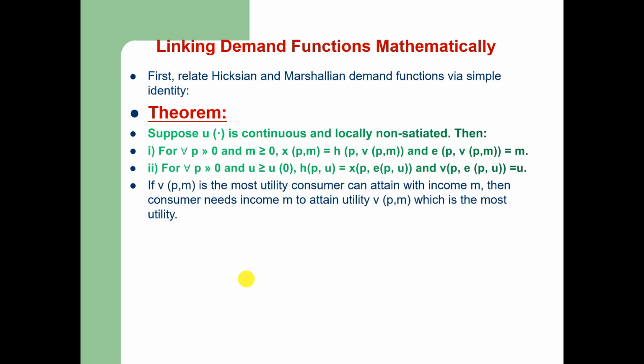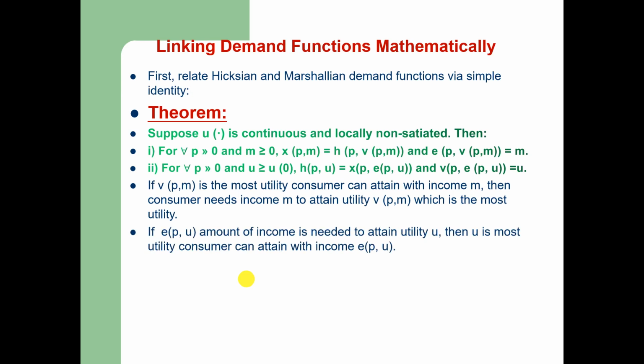So this means that if indirect utility is the most utility that the consumer can attain with the income M, then the consumer needs income M to obtain utility V, which is a function of prices and M. Similarly, if the amount of income equal to E as a function of P and some utility level is needed to attain utility U, that is the utility target, then U is the most utility the consumer can obtain with the income given by E, that is a function of P and U.